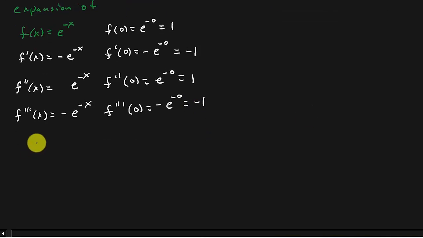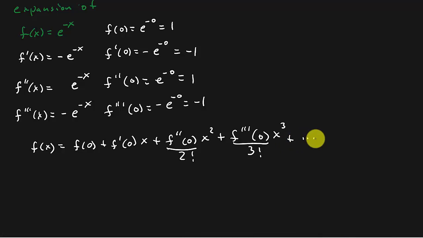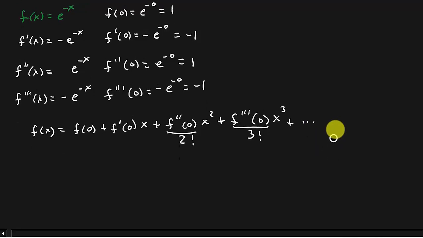And then we'll write the formula out. That's going to be f of 0 plus f prime of 0 times x plus f double prime of 0 times x squared plus f triple prime of 0 times x cubed. And this is over 2 factorial, and this one's over 3 factorial, plus, okay, and then it keeps going. But they just want us to show the first 4 terms. All right, so let's plug everything in.